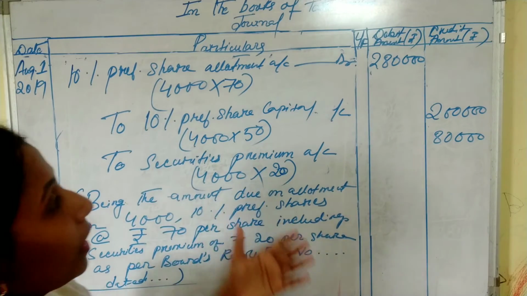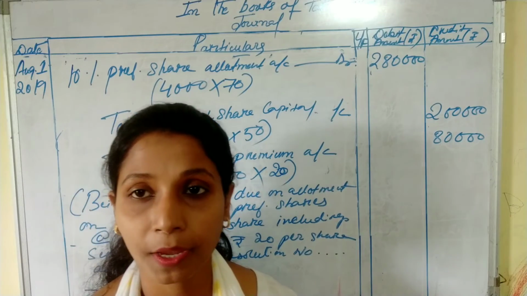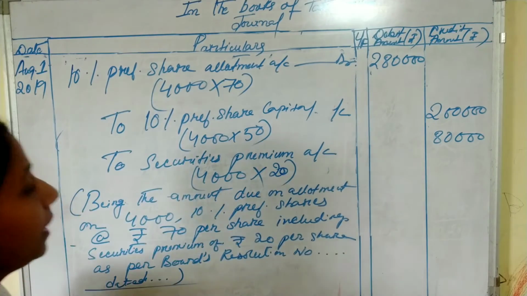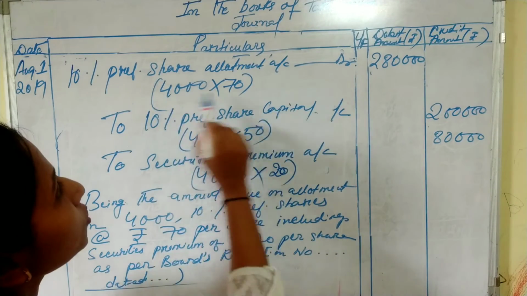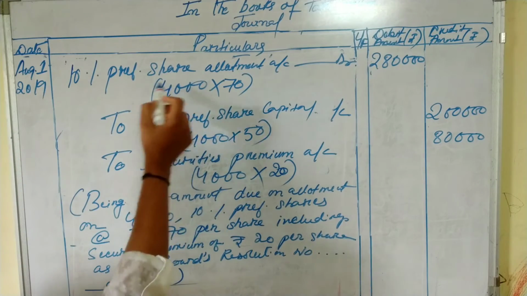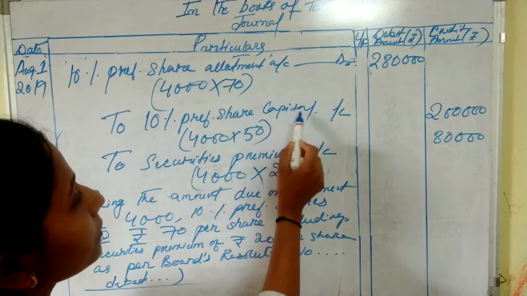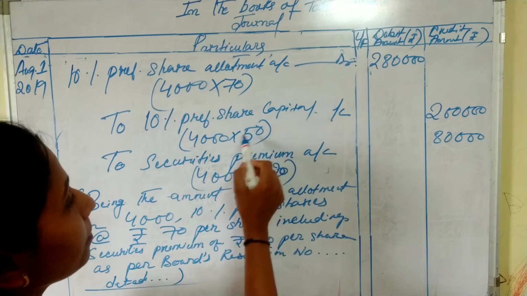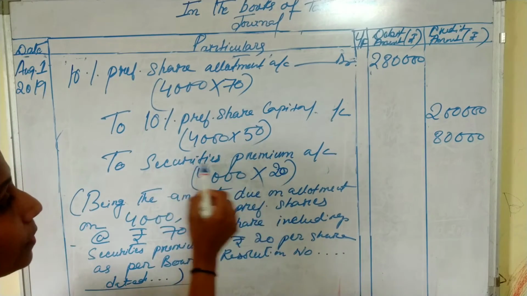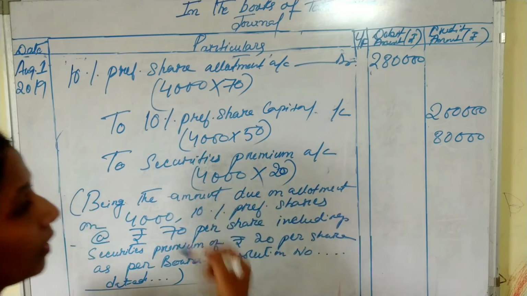Now this is the due entry for allotment money, that the company made call to the public to give the allotment, and the company has shown the description. See, this is the 50 rupees for share allotment capital account for allotment and 20 rupees for securities premium.